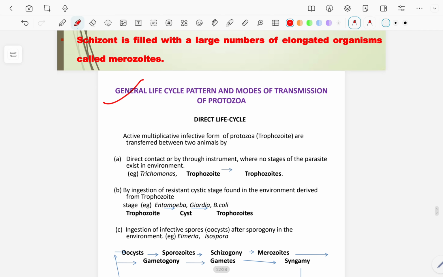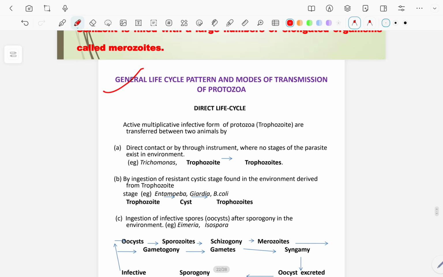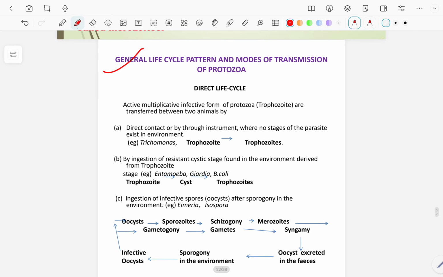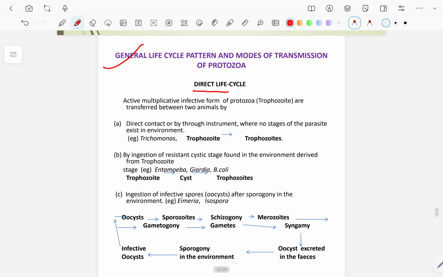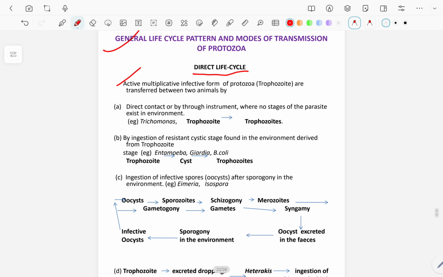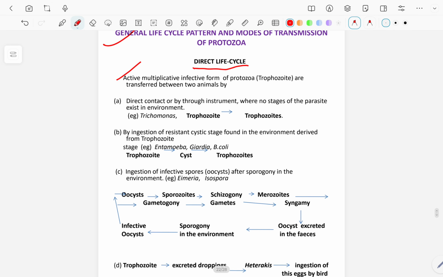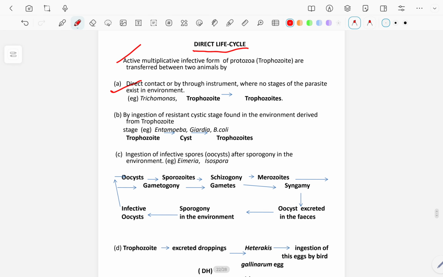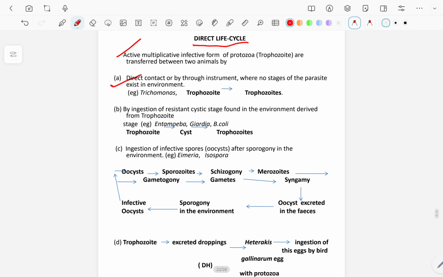General life cycle pattern and mode of transmission of protozoa. Direct life cycle: the active multiplicative infective form of protozoa, the trophozoites, are transferred between two animals by direct contact or through instruments, where no stage of the parasite exists in the environment.